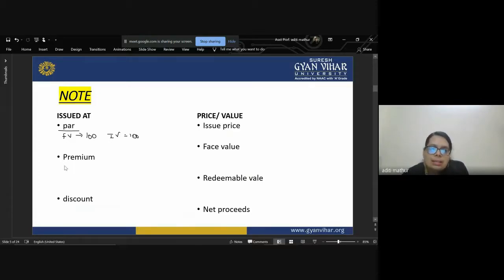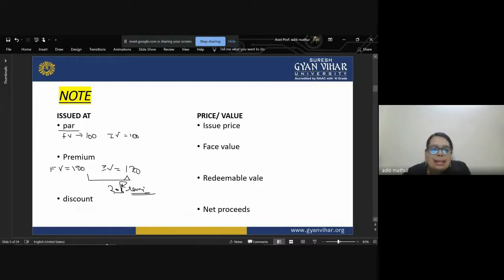But there are many cases in which the face value of the debenture is 100, but it is issued at, let's suppose, 120. So this extra 20 rupees is premium, and this is the premium amount. That means you have paid extra 20 to get the face value 100 rupees debenture.